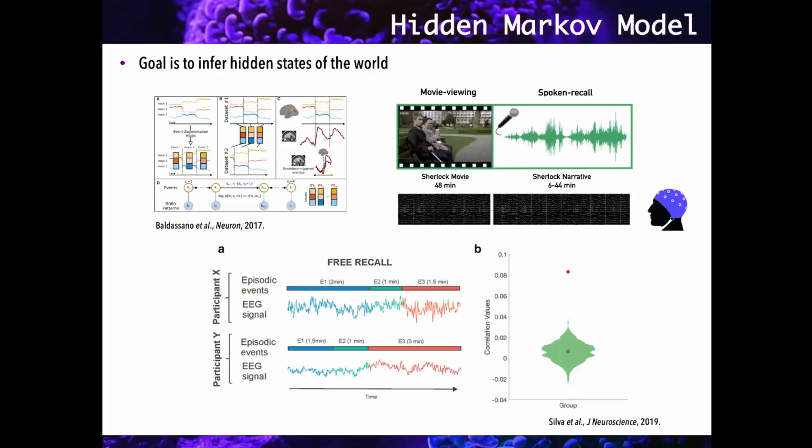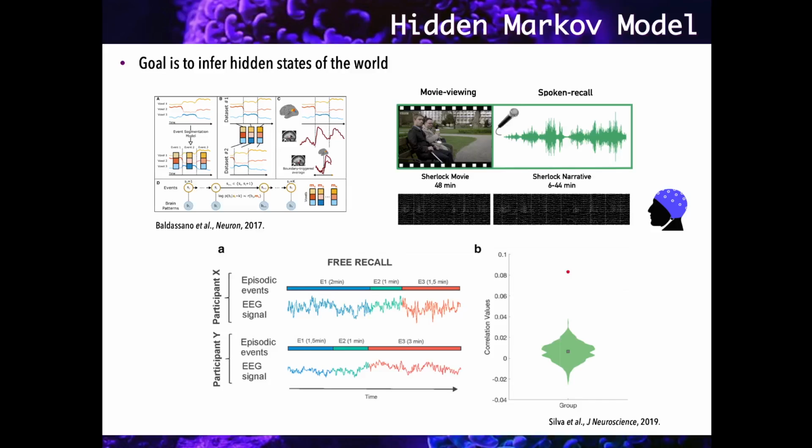Markov models have also been used when we have research questions where we want to uncover and infer hidden states of the world. So here, in this paper from my lab that was published last year, we applied a Markov algorithm, also developed and applied by Baldassano et al. in 2017 on fMRI data, but this time on EEG data.